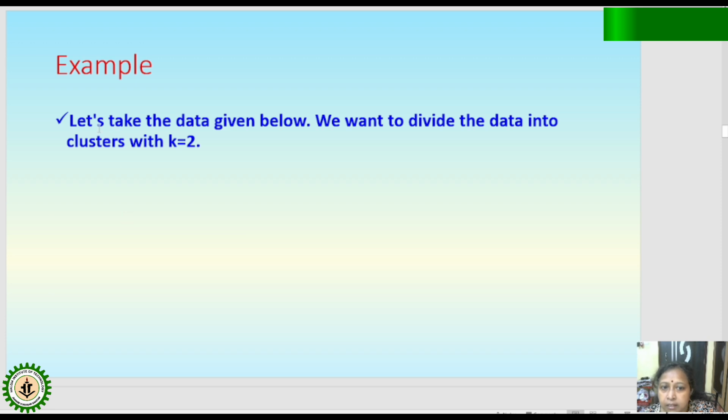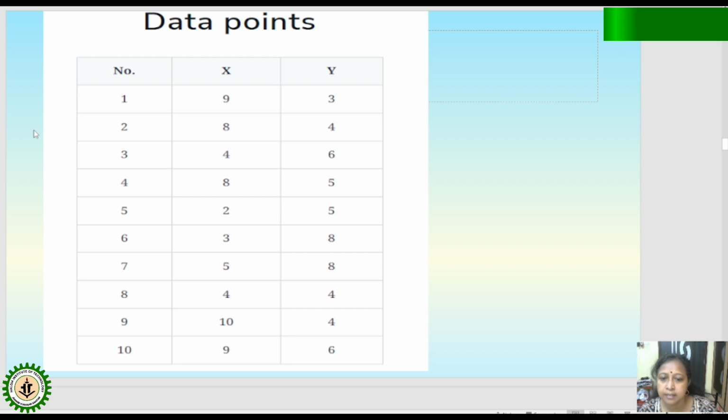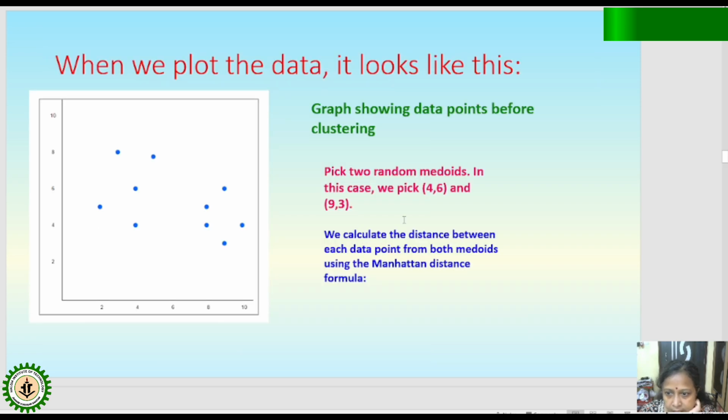Take the data given below, where we want to divide the data into two clusters. Here a total of 10 data points are given. Randomly we pick two data points as medoids, 4,6 and 9,3.